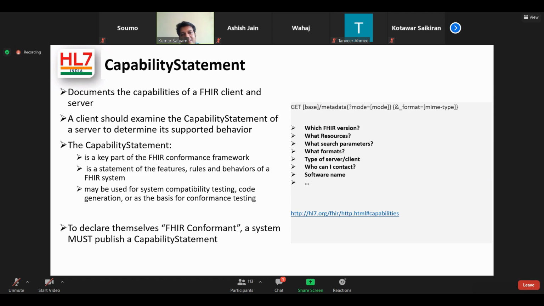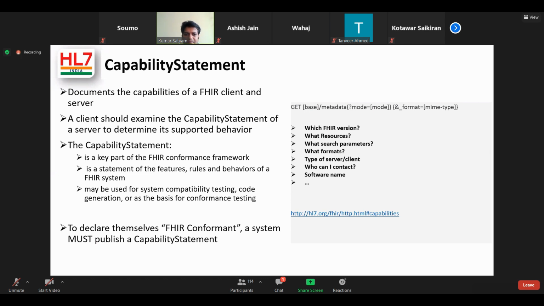So it actually tells you about the version, what resources it supports, the search parameters, the formats it supports, whether it is a client or a server, also the developer information, and all those different blocks of data that you would need when you are dealing with a production server. So all that information is available as part of a capability statement, and the capability statement in itself is also a resource.